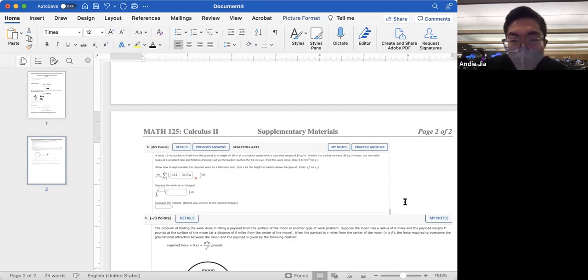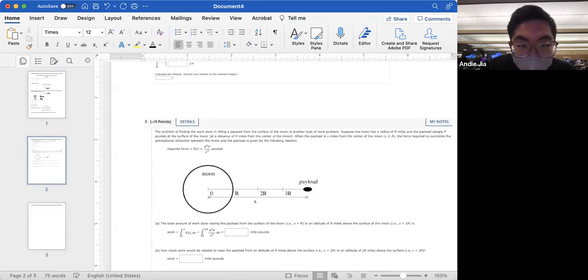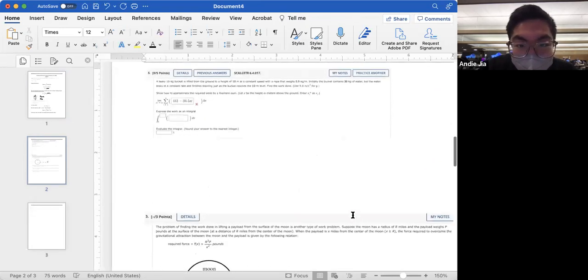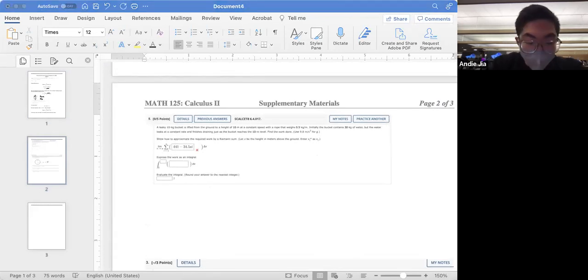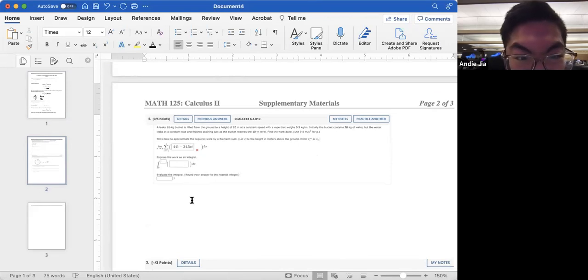In question number 5, it is the work problem. So this is like a leaky bucket.